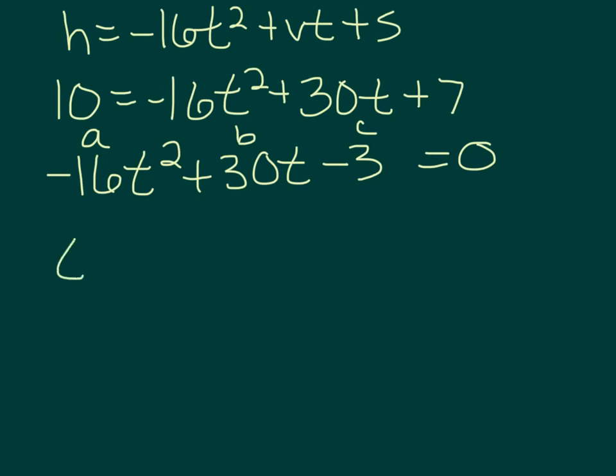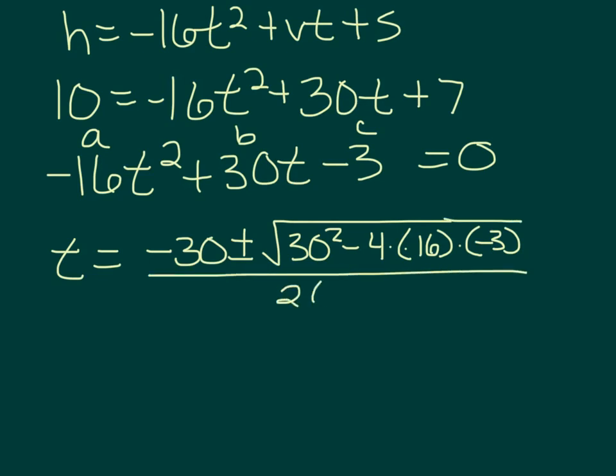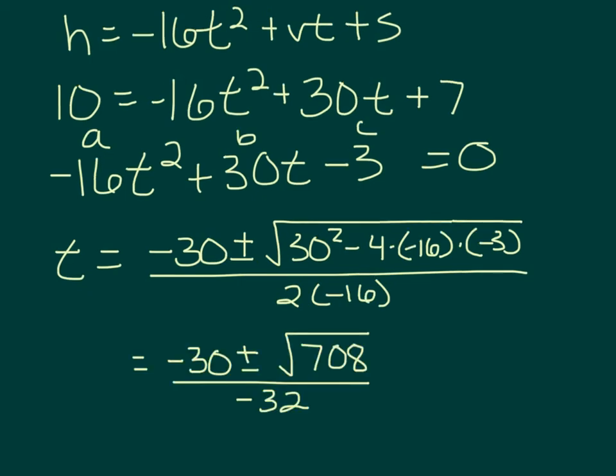So we're going to say our time equals negative b, so negative 30, plus or minus the square root of 30 squared minus 4 times negative 16 times negative 3, all over 2 times negative 16. So let's clean those numbers up a little bit. So here you get negative 30 plus or minus the square root of 708 all over negative 32.